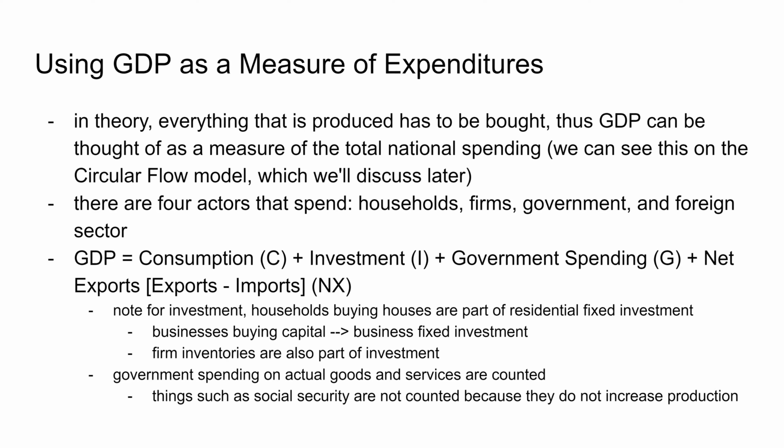Next, you have government spending. Basically, government spending on goods and services is counted here. Payments such as Social Security do not count in government spending because they do not increase productivity. And finally, you have net exports, or basically exports minus imports, and that's where the foreign sector comes into play.